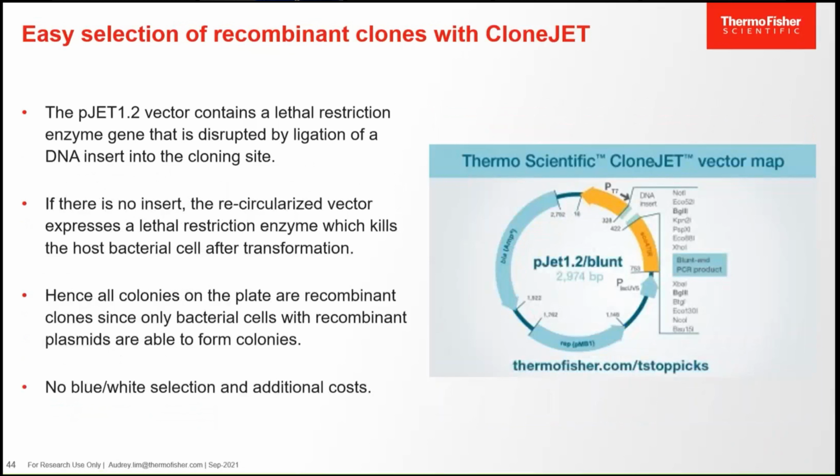Here is how the positive selection works in CloneJET. The pJET1.2 blunt vector used in this kit, this is the vector map. You can see here it carries the usual features of a cloning vector.